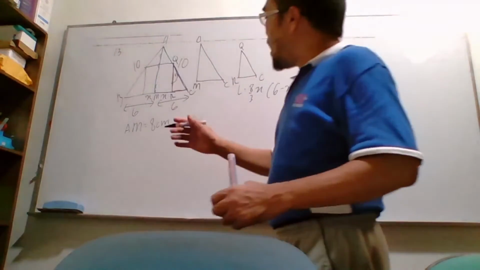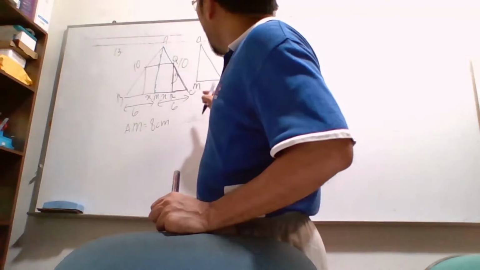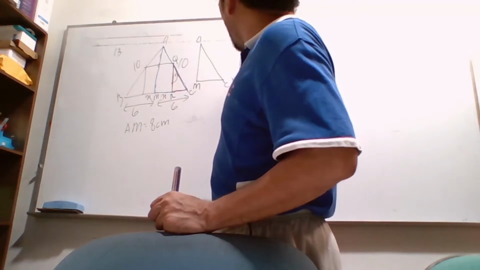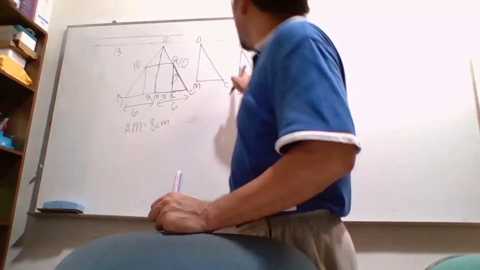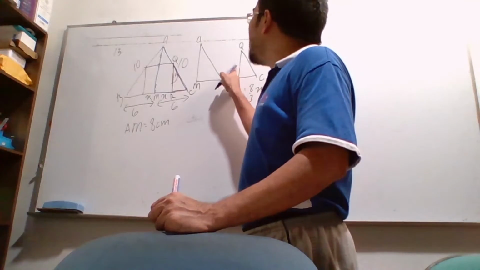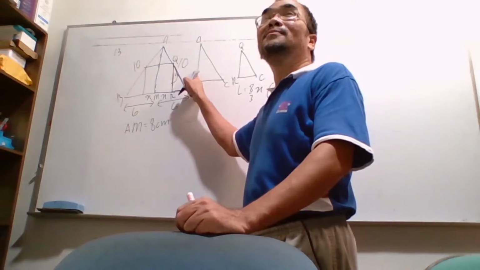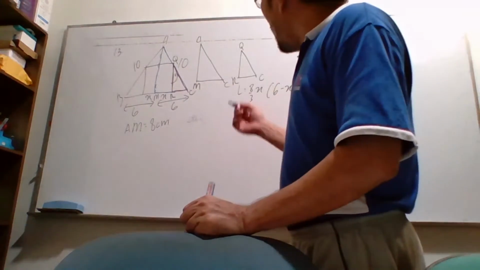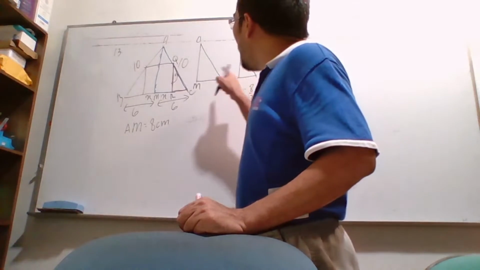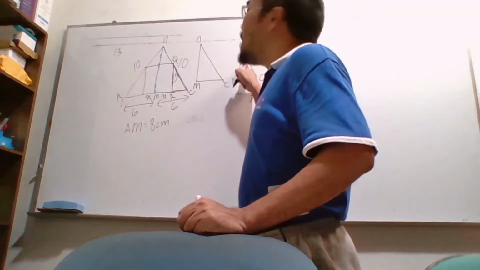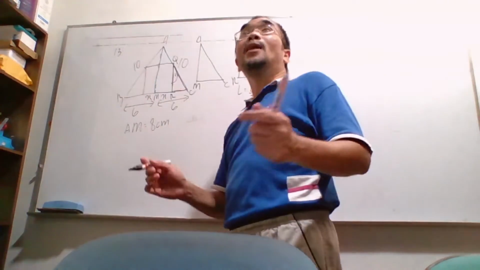So the equation you can say: the base of the small triangle over the base of the bigger triangle equals the height of the small triangle divided by the height of the bigger triangle. So you can see RC over MC equals height over height. It depends on you, so both are correct.